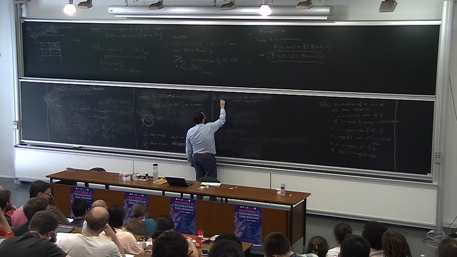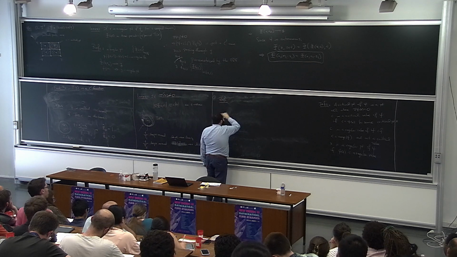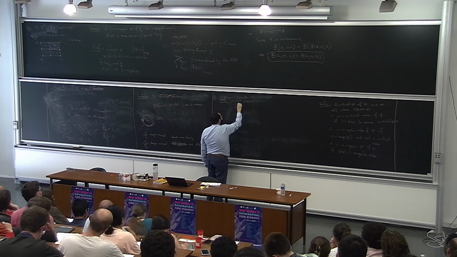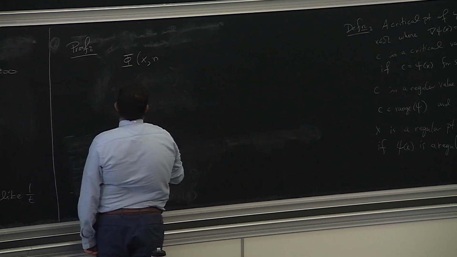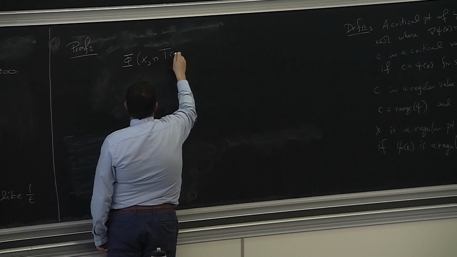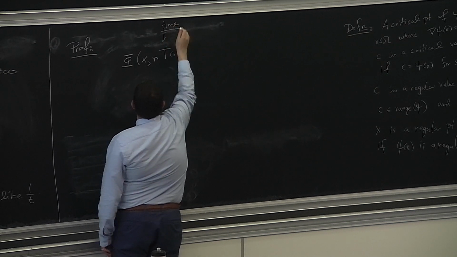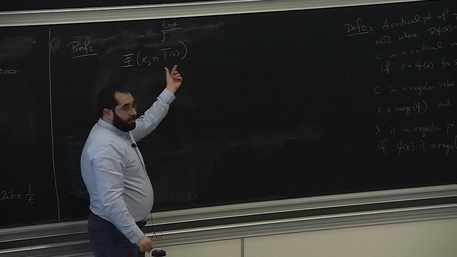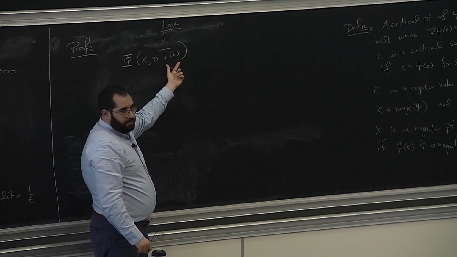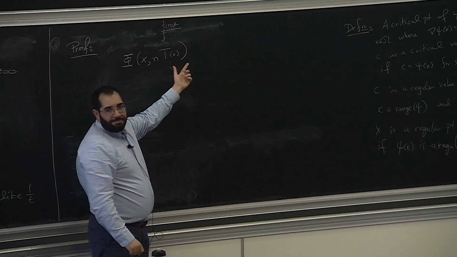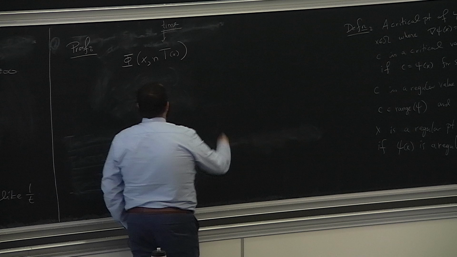We have that phi of x comma n T of x, so this is time, right? T of x is the period. So if I go n times T of x, where am I? I'm back at x, right? So that's x.